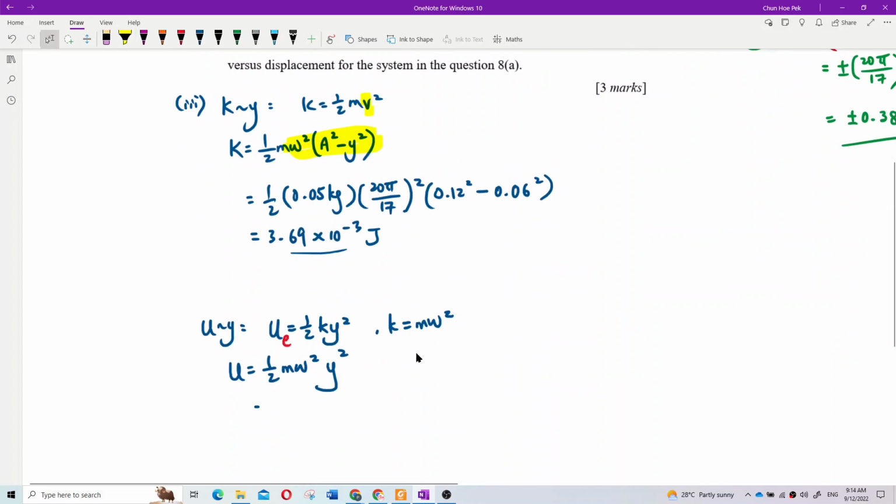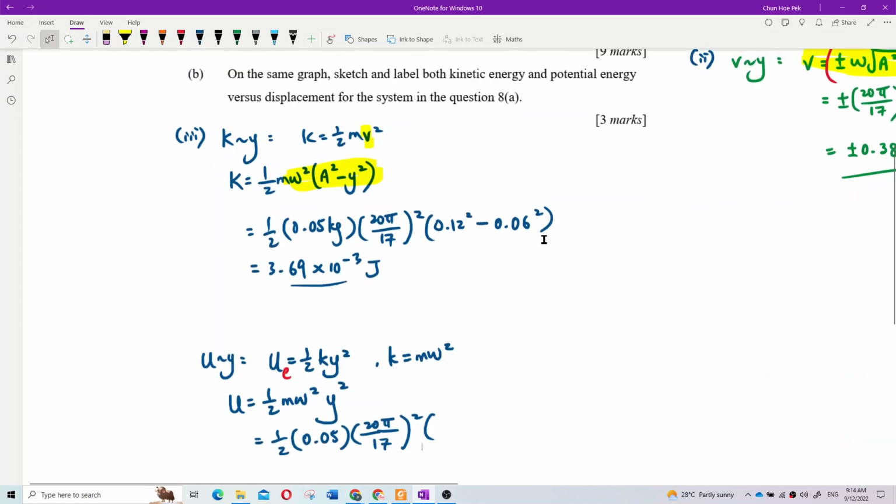And then what is the rest? Mass is for potential energy. 0.05, and then omega is 20 pi over 17 square, and then y. What is the y here? 0.06 just now, isn't it? 0.06 square.